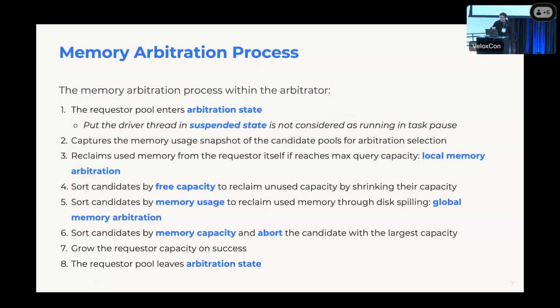And at last, if the global memory arbitration still cannot reclaim enough memory, then we pick the query which has the most memory capacity in the system and abort it to let the other queries go through. After the memory arbitration succeeds, the request pool leaves the arbitration state, which puts the driver thread out of the suspension state. The next slide will talk about the memory reclaim process within a query.